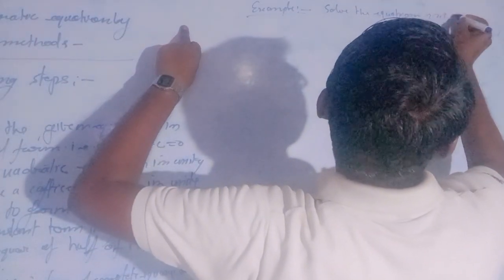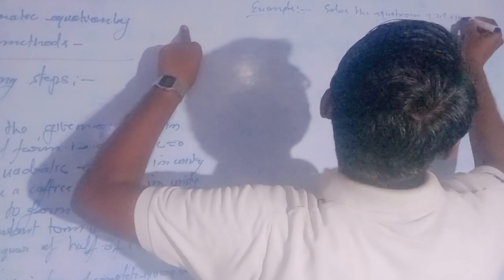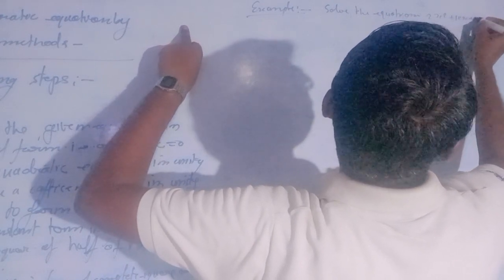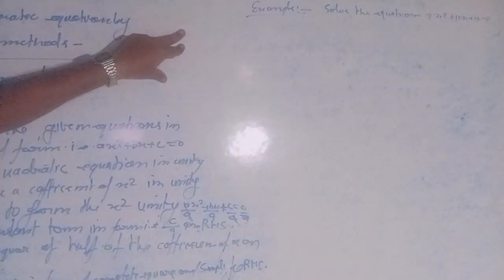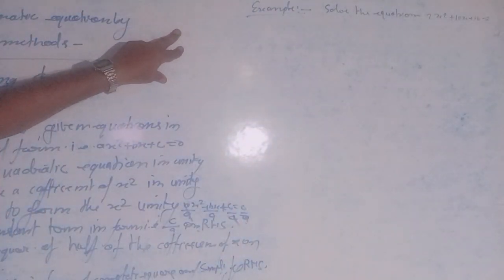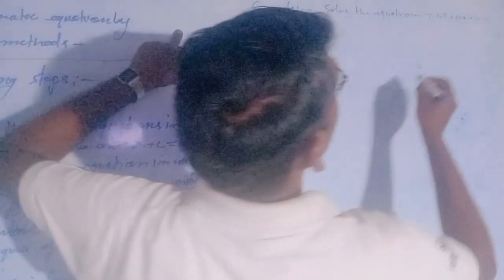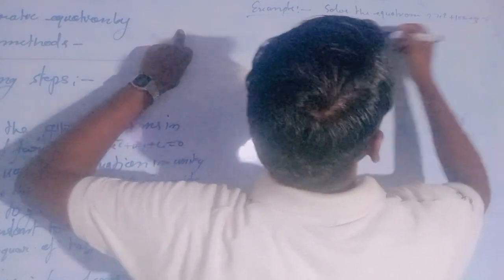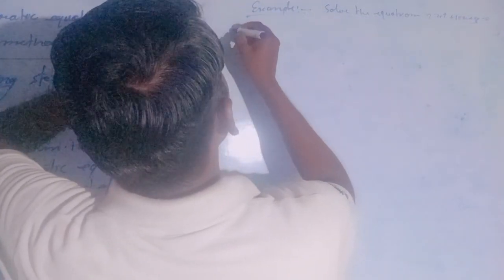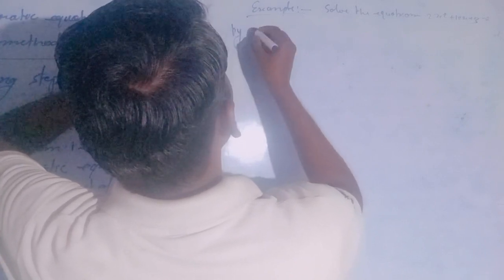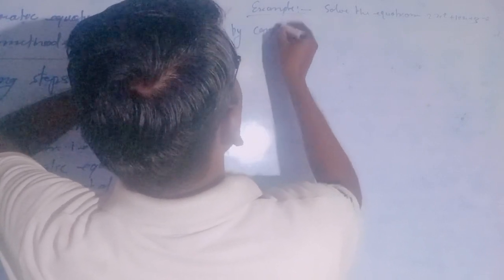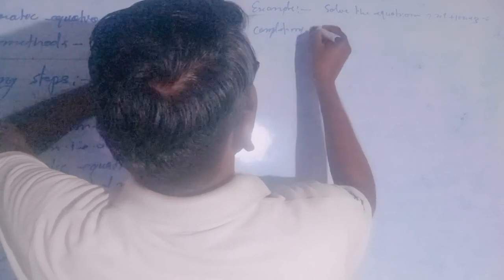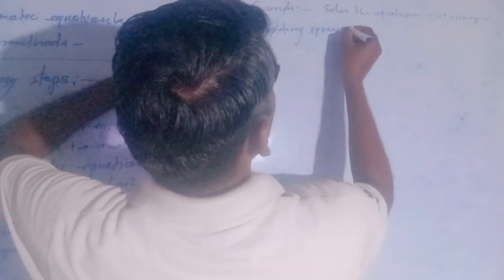Example: solve 2x square plus 10x plus 3 is equal to 0 by the completing the square method.